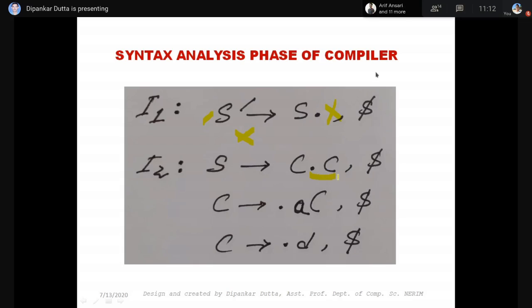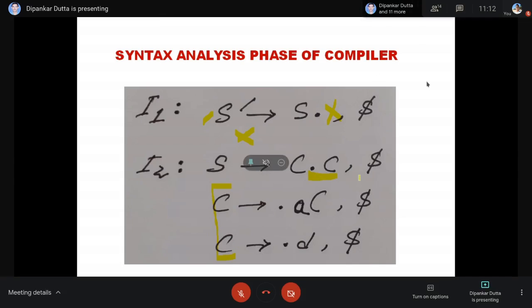So what will be the closure set? Capital C implies dot AC and capital C implies dot D. That means for this particular dot current input symbol, that is dot C, we get two different productions in this set, I2.